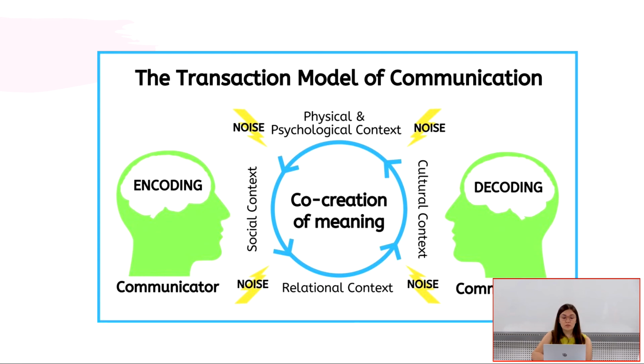So communication is not a simple process. It can be affected by so many other environmental things, which we call noise, and there are types of noises that we will talk about later.